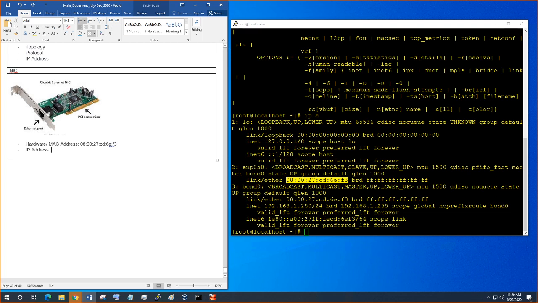Okay, and so this is an example of an IP address. This is an example of an IP version 4 address. It's called IPv4. This is the one we are most familiar with. And there is another IP address called IP version 6.